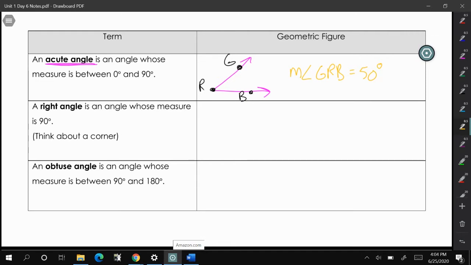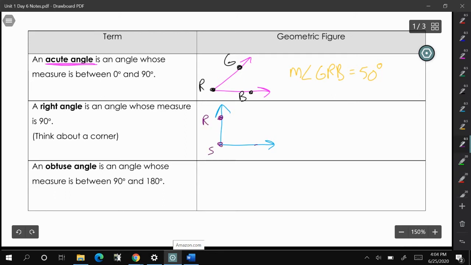A right angle is an angle that measures exactly 90 degrees. Think about a corner. That is a right angle. So if we have this figure, we get R, S, T. Now, get in the habit of looking for little boxes in our right angles. This looks like it's a right angle. It looks like a corner.